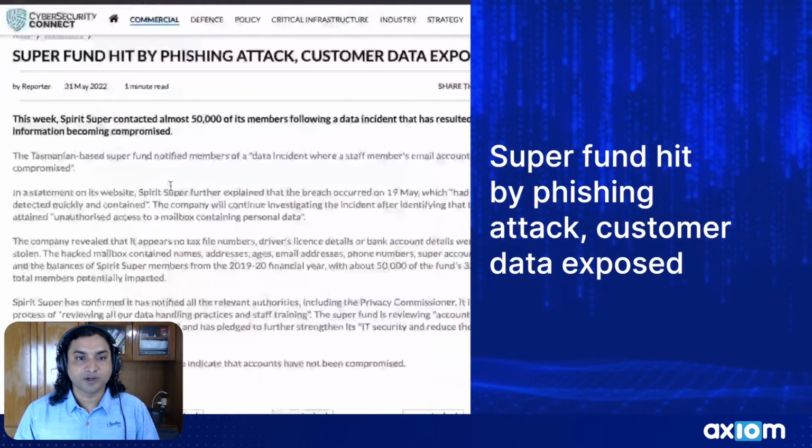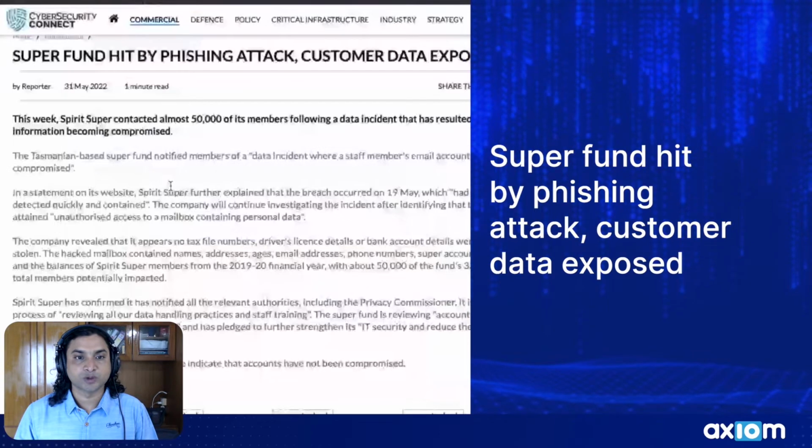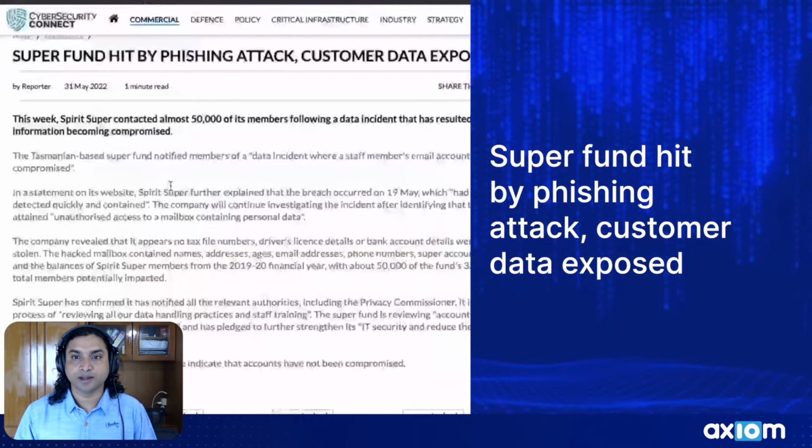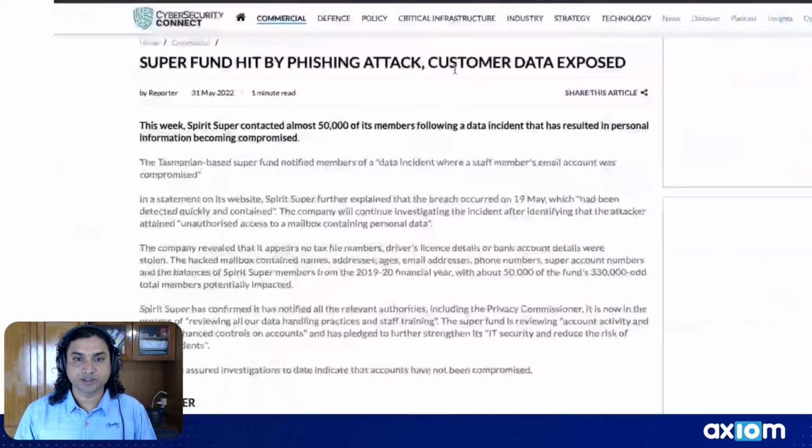Then we have Australia, Tasmanian super fund that got hacked and their data was exposed. It was a simple phishing attack because of which an email account was compromised.